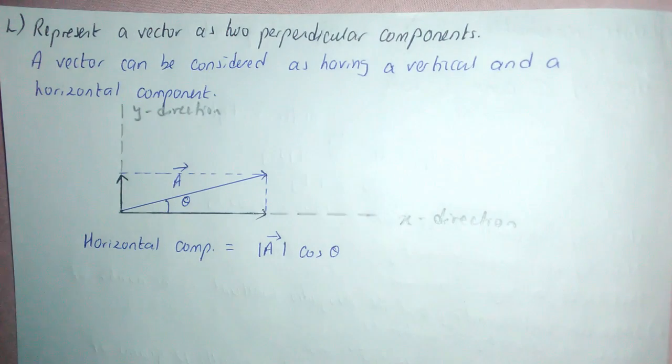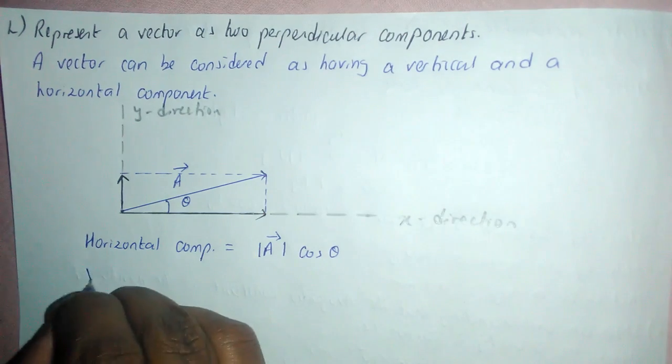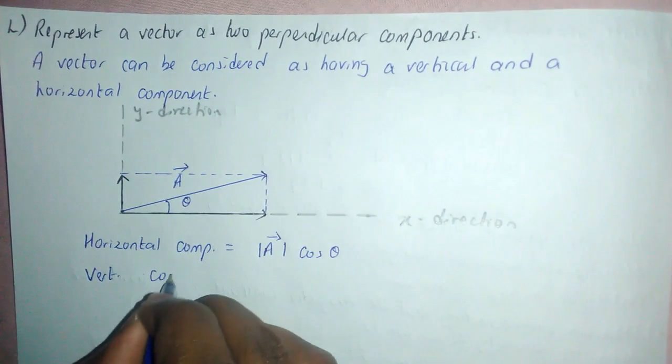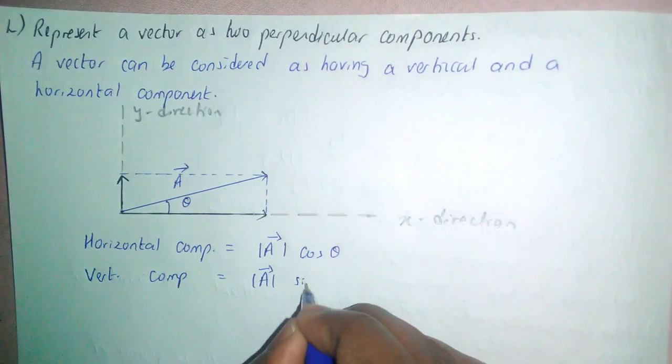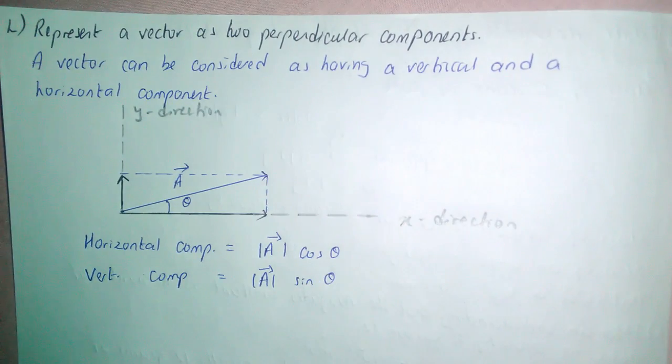So that's A cos theta. And for the vertical component, it's A sine theta.